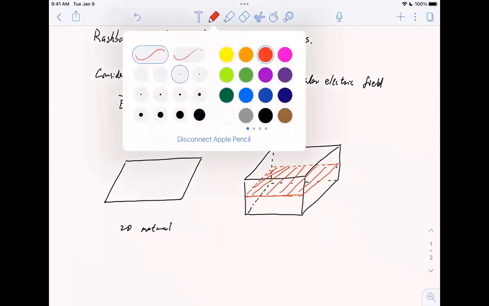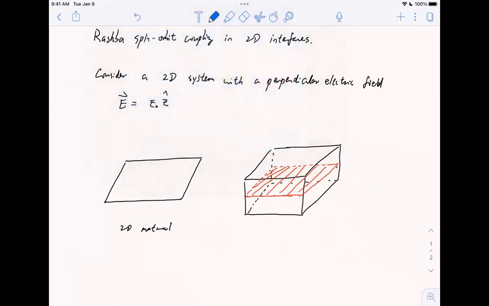So the key thing here is the symmetry, that there's an electric field in the interface. As long as your two materials are not exactly the same, you will generally have a vertical electric field, because the system has no mirror symmetry.